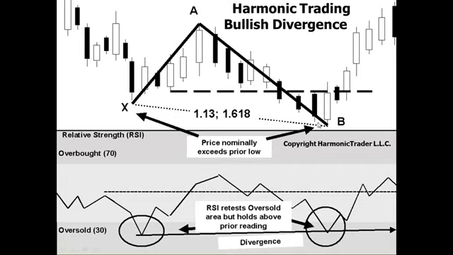So we have price going below the initial point X, while the secondary indicator reading is higher than the initial point.